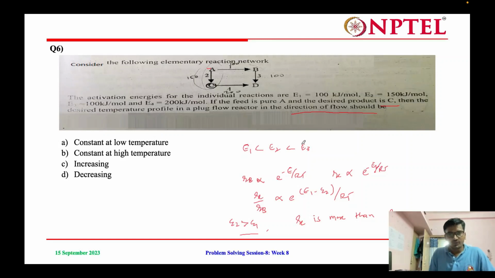Now rD by rC is proportional to exponential of E2 minus E4 by RT. So E2 is less than E4.